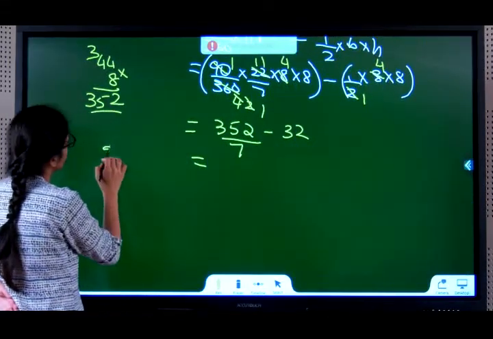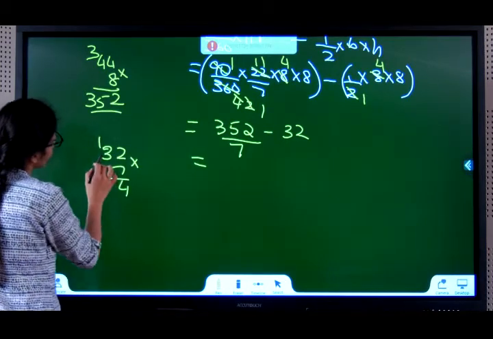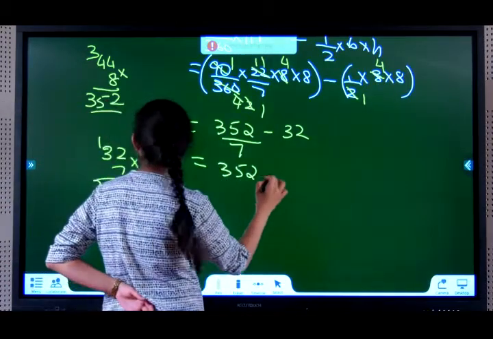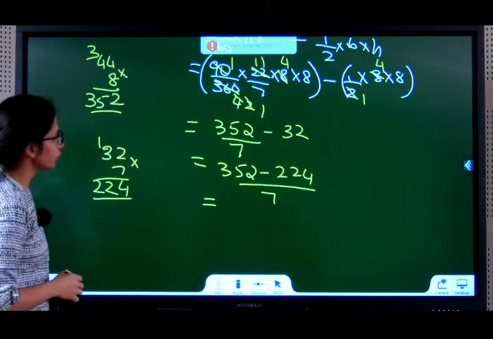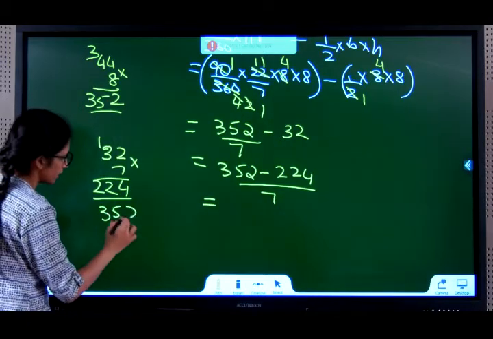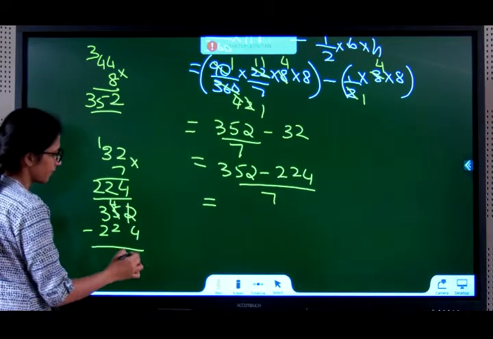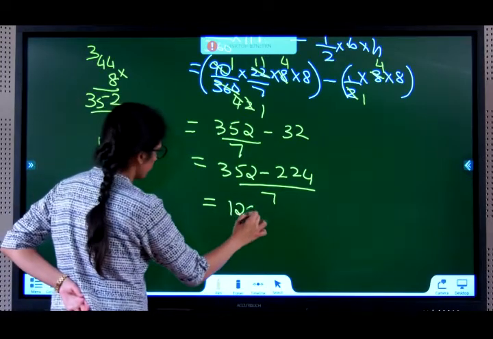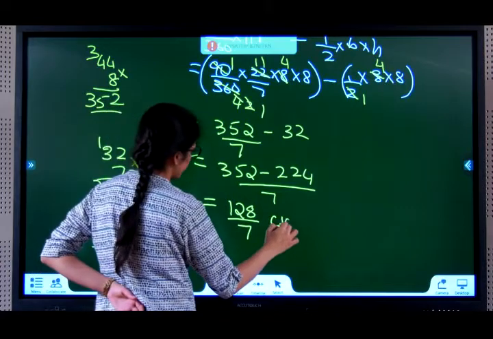Take the LCM here. 32 into 7, 7 2s are 14, 7 3s are 21, 21 plus 1, 22. 352 minus 224 by 7. 352 minus 224: 12 minus 4, 8, 4 minus 2, 2, 3 minus 2, 1. 128 by 7 centimeter square.